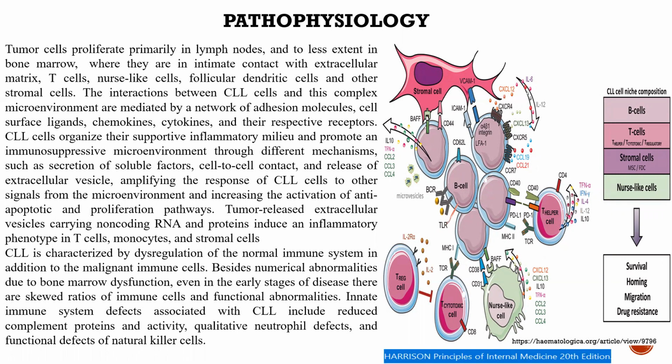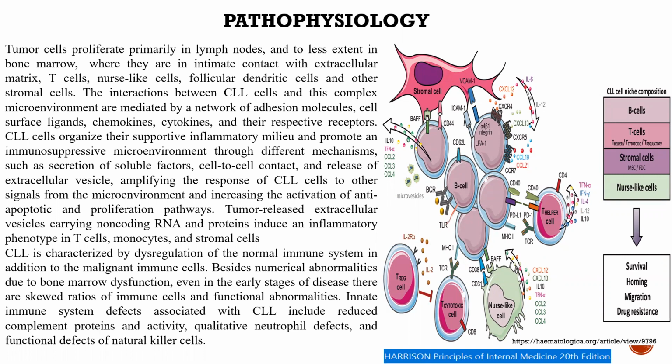Tumors release extracellular vesicles carrying non-coding RNA and protein, reducing the inflammatory phenotype in T cells, monocytes, and stromal cells. Chronic lymphoblastic leukemia is characterized by dysregulation of the normal immune system in addition to the malignant immune cell.